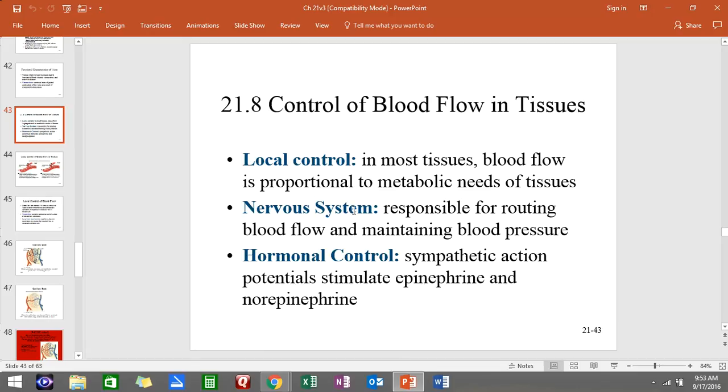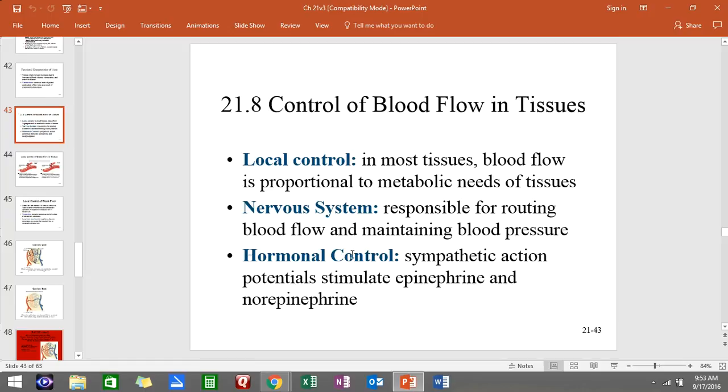The nervous system we've already talked about, and we'll see some feedback loops in just a little bit, showing how in times of rest and relaxation we can put on sort of one blood flow schema, sending blood to the digestive tract and urinary tract. If there's an emergency or something very stressful, we can go into a totally different blood flow pattern, sending blood to our brain, to our muscles, to our heart and lungs so that we're ready to run or fight for our lives.